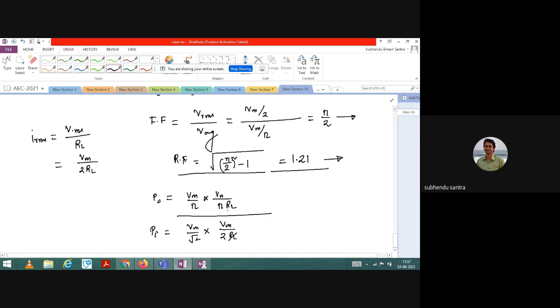So RL will cancel, and Vm will cancel. Finally what we are getting is 2 root 2 divided by pi square, into 100% efficiency. Can you calculate what is the value? That is the efficiency of the half wave rectifier.